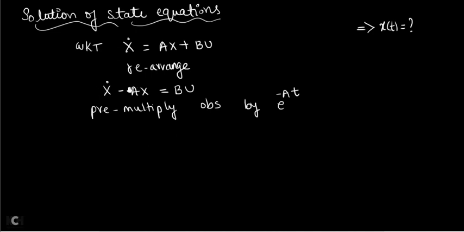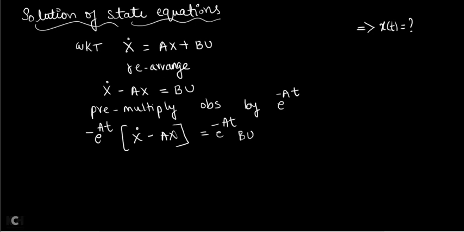Post-multiply means you multiply after the equation, on the right side. Now I need to pre-multiply on both sides. So I will multiply here and here. Now what happens? e power minus at into x dot minus ax is equal to e power minus at bu.